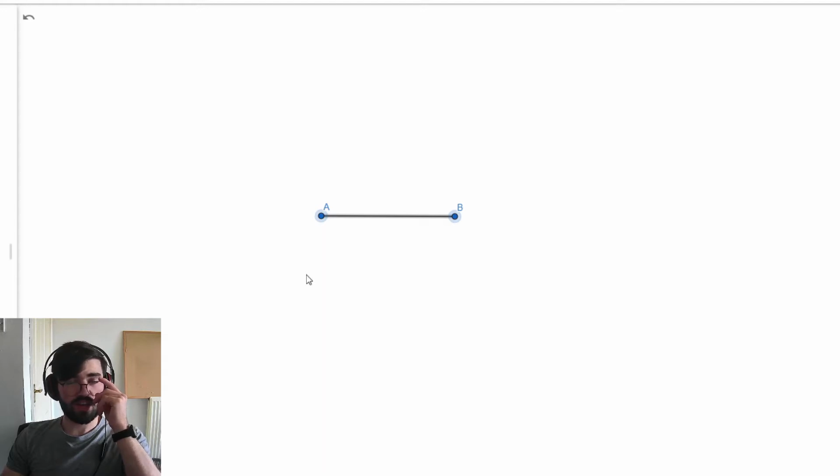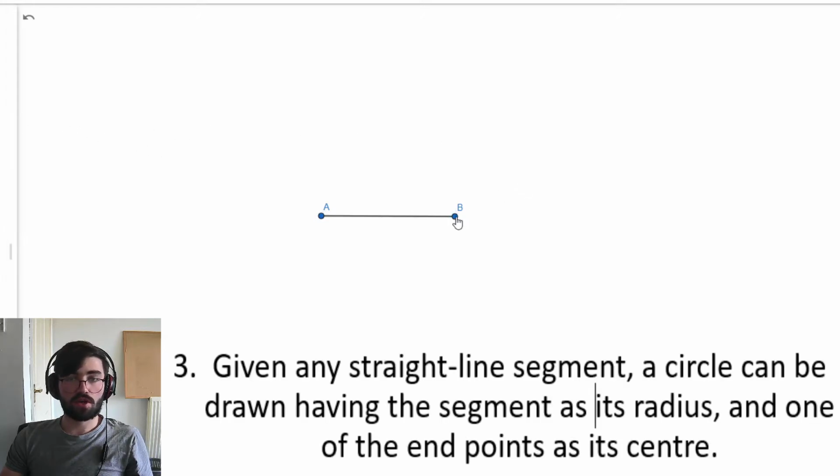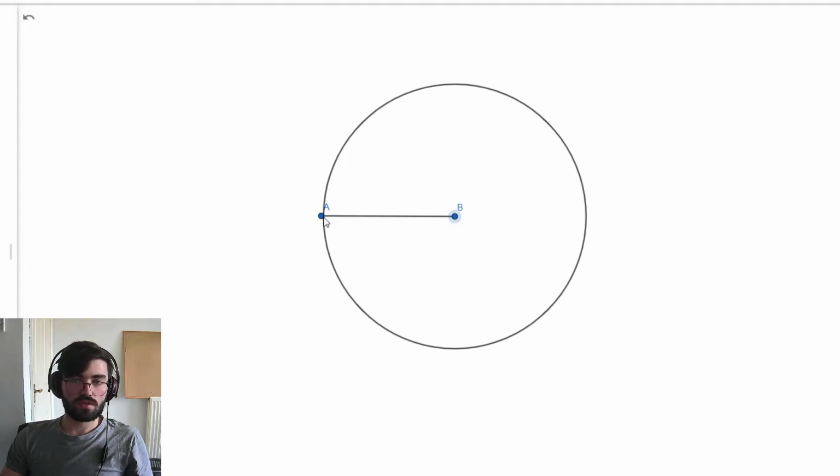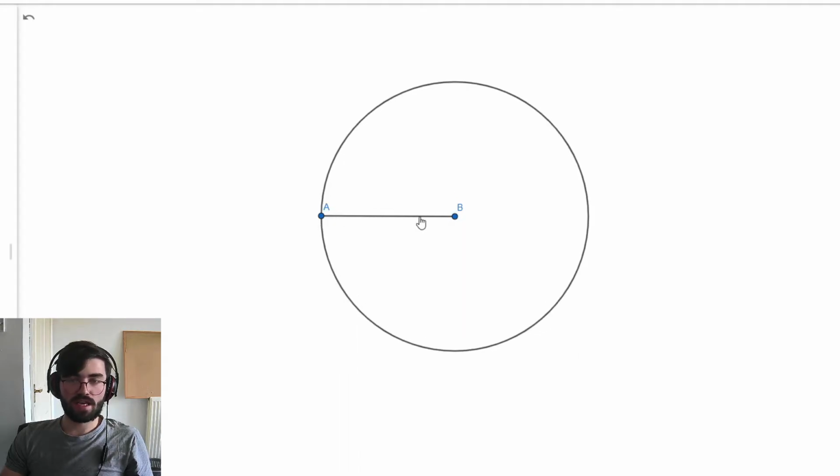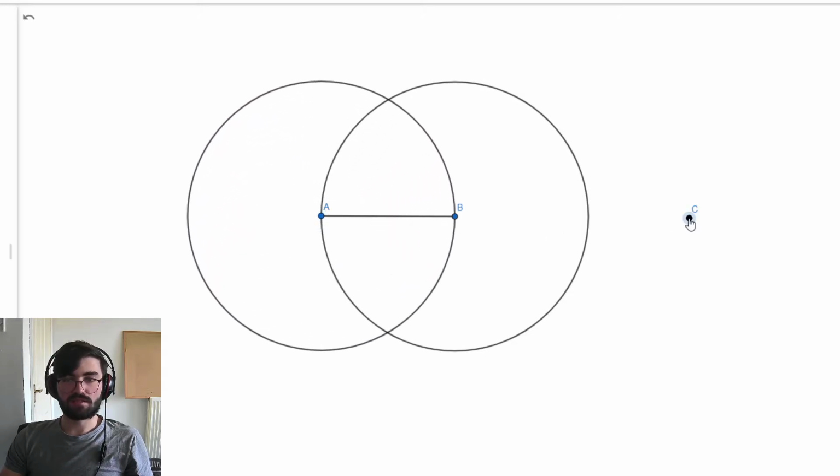So you might be asking, well then, what do we do from this? Because of axiom 3, we can draw circles like this, with radius equal to the line segment, with B as its center. Here's the little trick. I'm going to do it again, with A as the center of this next circle, with AB as its radius.